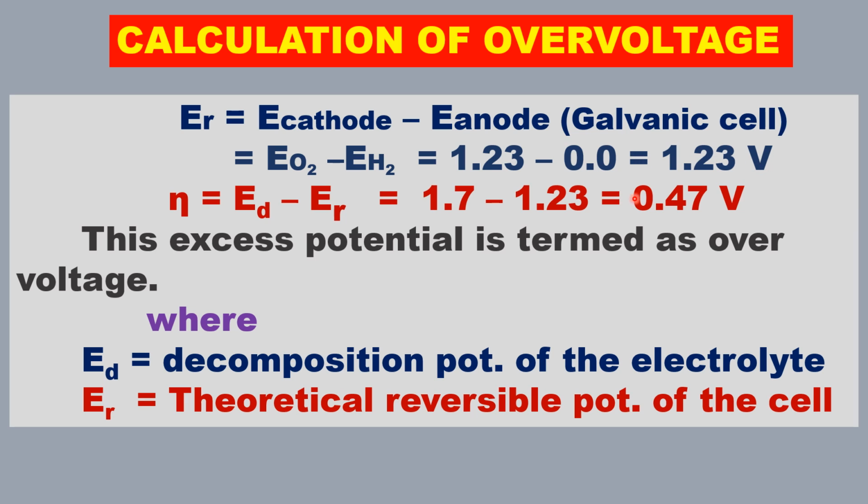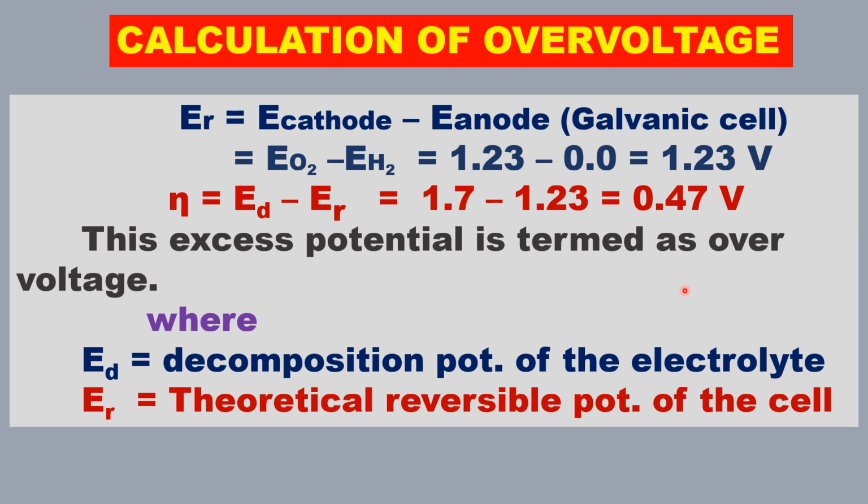So 1.23. Let us substitute in the over voltage expression, eta equal to Ed minus Er. Deposition potential we have already determined, 1.7 volt, minus this reversible e.m.f obtained by using the Nernst equation, 1.23. Therefore, 0.47 volt, we need to apply this much extra to decompose water in the one normal H2SO4.